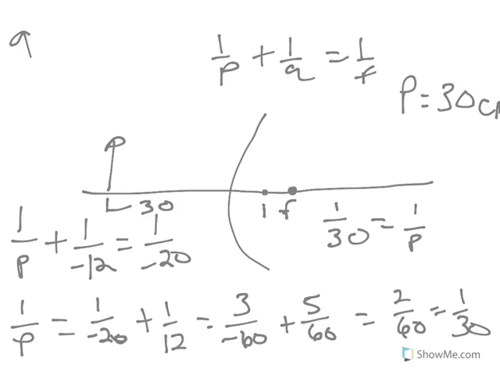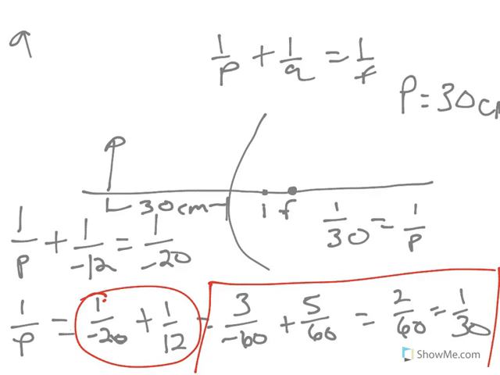So this is 30 centimeters away. Alright? All of this work is essentially unnecessary. You could just type this into the calculator, and then do answer -1, and it would give you the correct answer. It would give you 30. I just did this to show you how to do it.